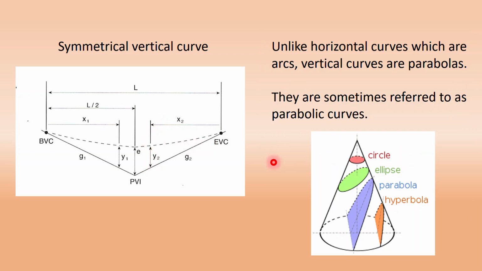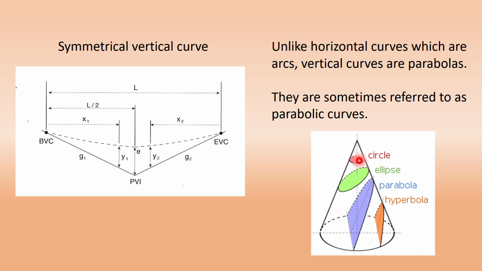And vertical curves also differ from horizontal curves in that they're not arcs like horizontal curves were. Vertical curves are actually parabolas. And if you think about a cone, right, if you slice a cone with a direction perpendicular to its central line, you would have the resultant circle.